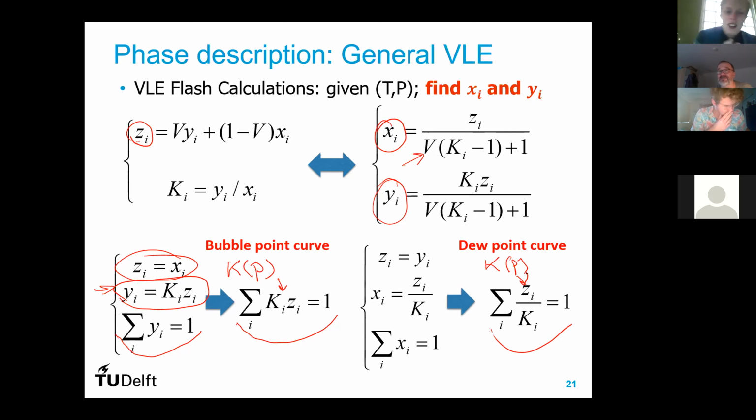Yeah, in general, these are nonlinear equations that you can solve using, let's say, bisection, or the Newton method, depending on how you know K as a function of P. The idea is you need to find the pressure that would satisfy this relation. And this is the main idea of finding bubble point and dew point pressure.